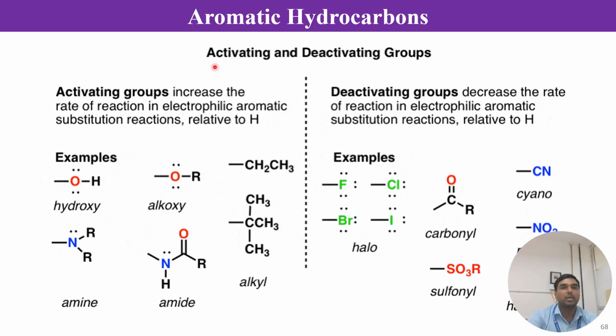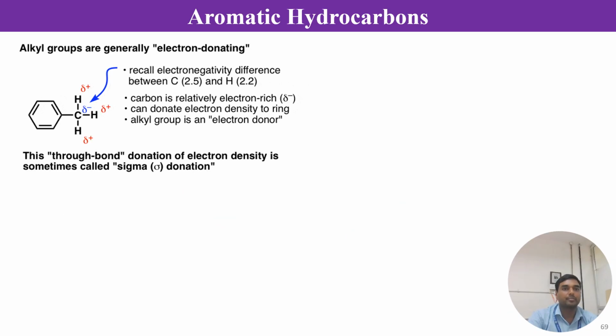And here is the example of activating and deactivating groups. Activating groups are basically hydroxyl, alkoxy, ethyl, tertiary butyl, amide, amine. Whereas a deactivating group means it will withdraw the electron density from the benzene. You can see most of the halogen atoms, acyl, sulfonyl, cyano, nitro, all these are deactivating groups. Now, why are alkyl groups generally electron donating groups?